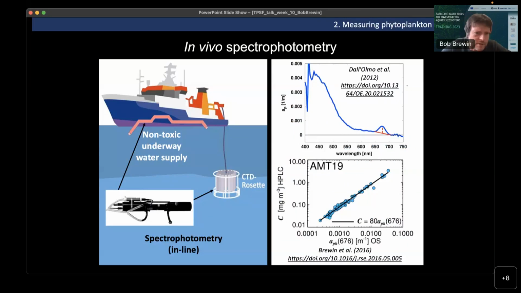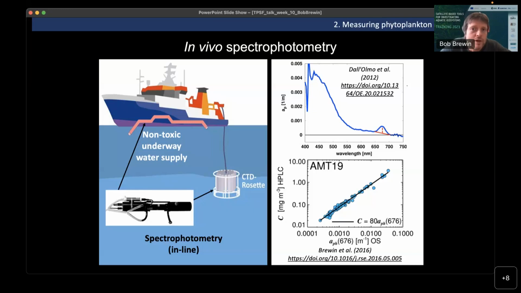So this is an example, I think, on the bottom left of an ACS, where water can be pumped through the ACS, and it measures the absorption coefficient of particles if you do a filter/no-filter system, and you can get very accurate measurements of particulate absorption as a function of wavelength, shown on the top right there. And of course you have this absorption bump in the red, which is directly related to the chlorophyll A pigment. And if you look at the height of this bump, it's very tightly correlated with the chlorophyll concentration.